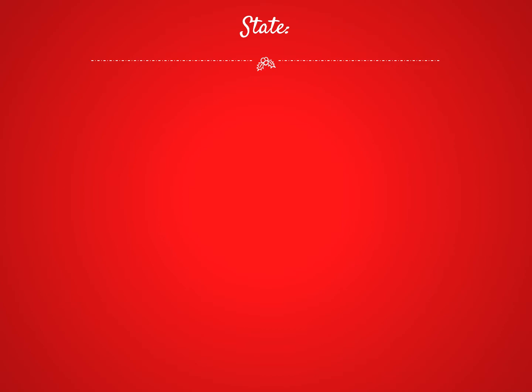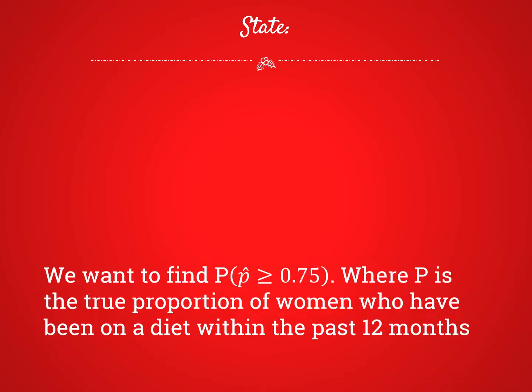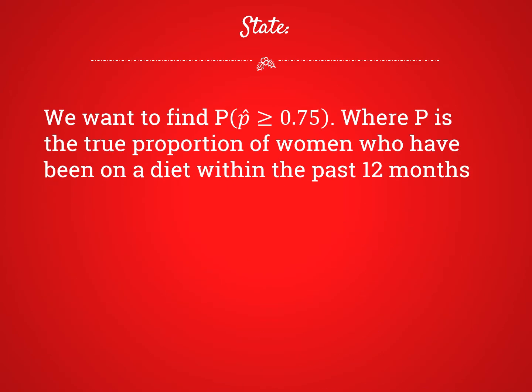So that's what we're going to use for our state. We want to find the probability that p hat could be greater than or equal to 0.75. And then what we do is we just define what p is. This is the easiest way to do state because then you can just say p throughout this thing and you don't have to re-explain until you get to the conclusion what p means.